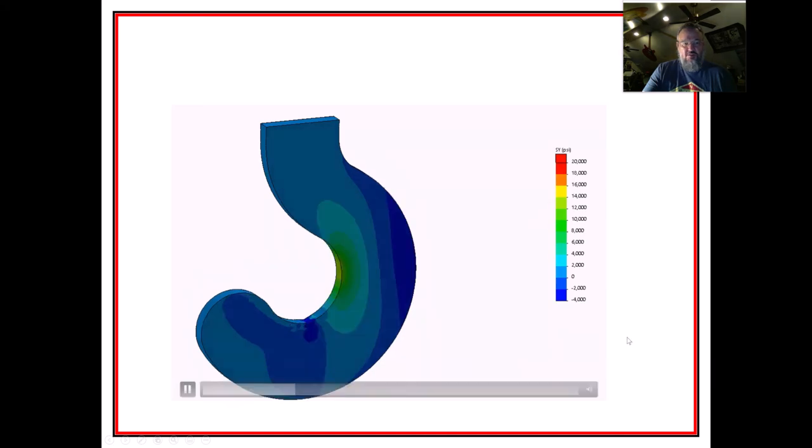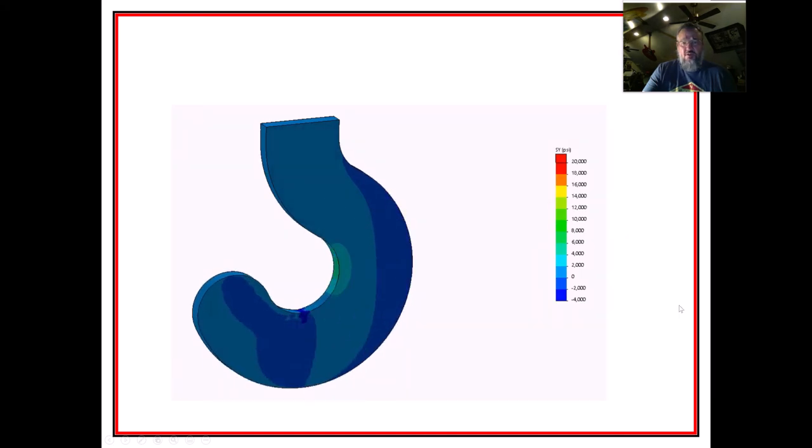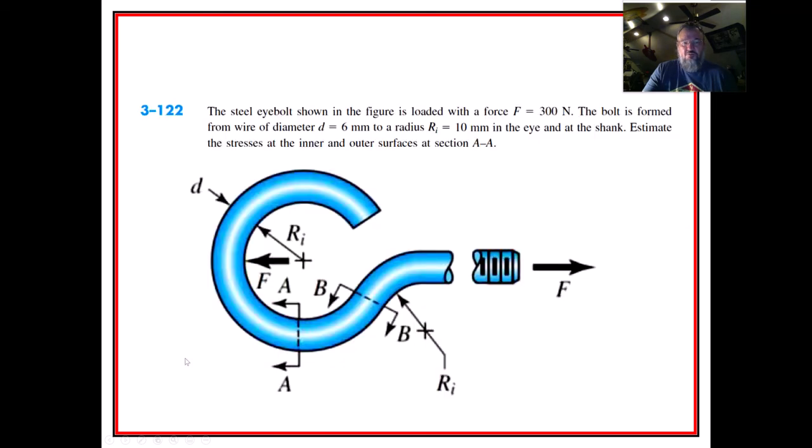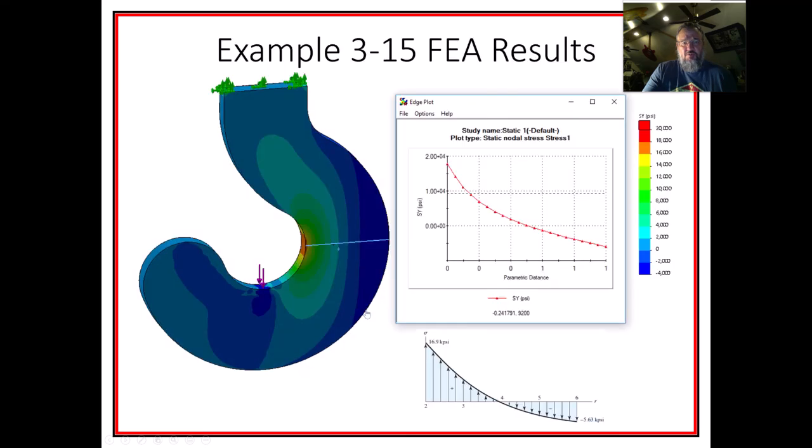And for whatever reason, I made an animation of the thing, so we could just take a look at it. You could get the idea that in this case, you see that the 0 was between these two versions of blue. Right in there. So this is the next problem; we're going to do this example next. This will be a different video.